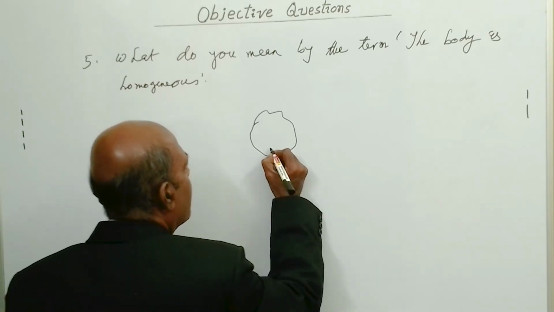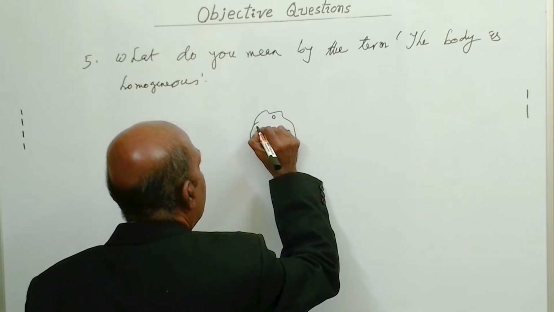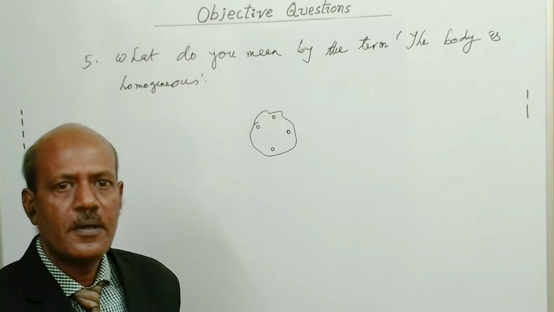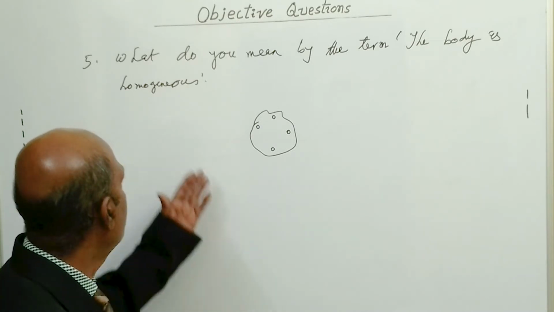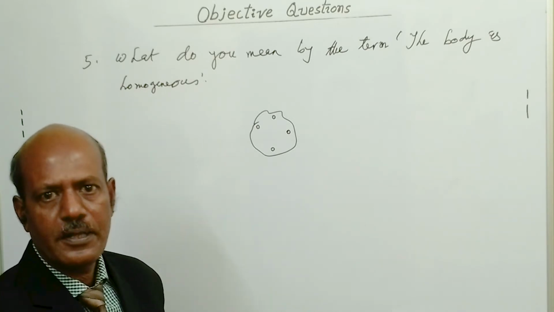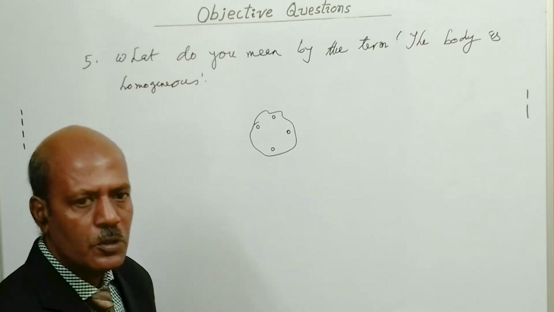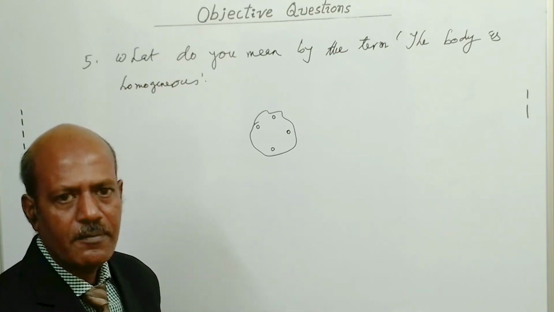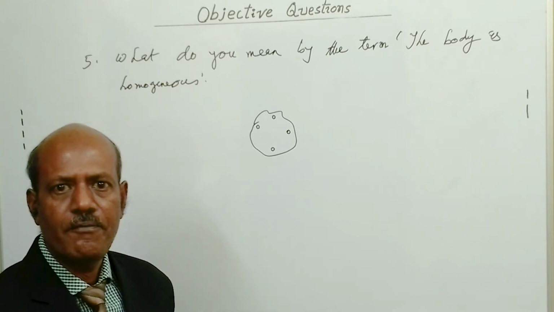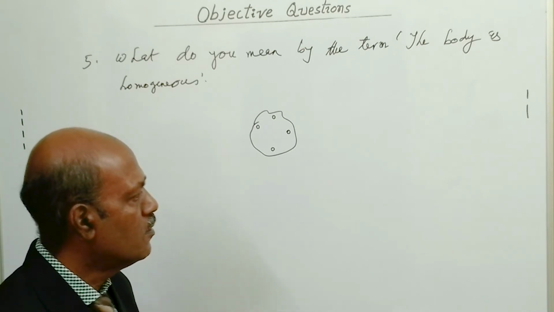If we analyze any point in the body, if the composition remains the same at every point in the body, then the body is known as a homogeneous body.